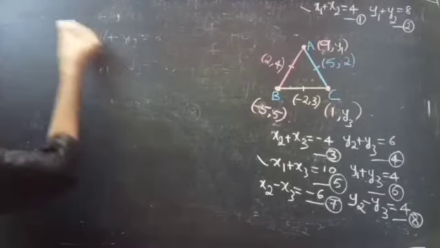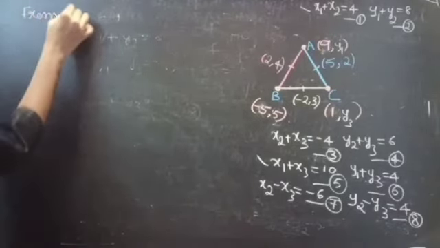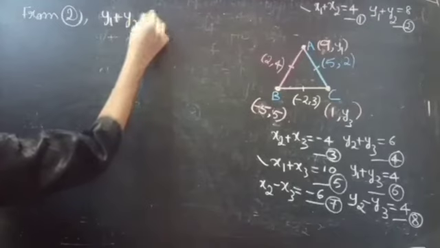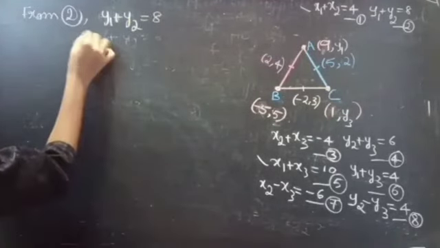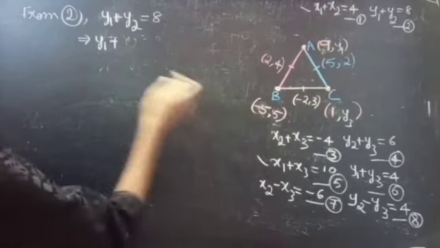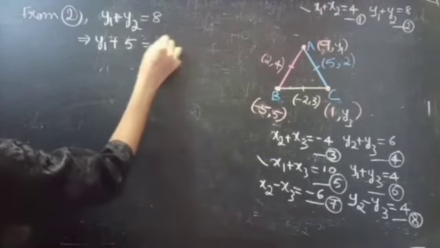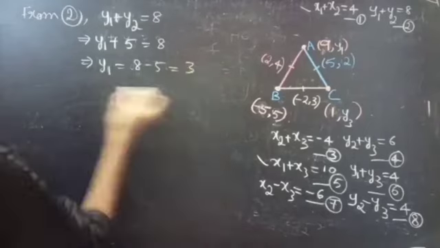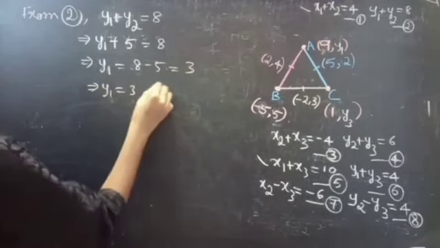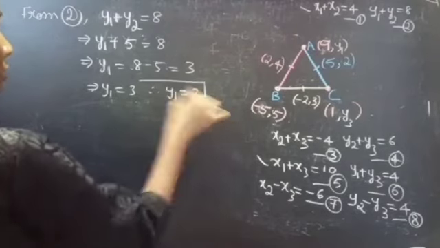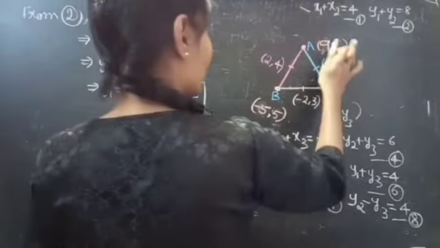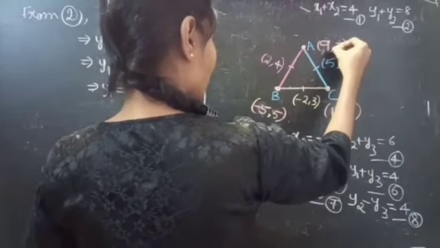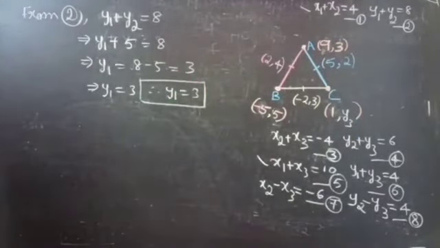From equation 2, y1 plus y2 equals 8. Substituting y2 equals 5, I'll get y1 equals 8 minus 5, and 8 minus 5 is 3. So y1 equals 3.